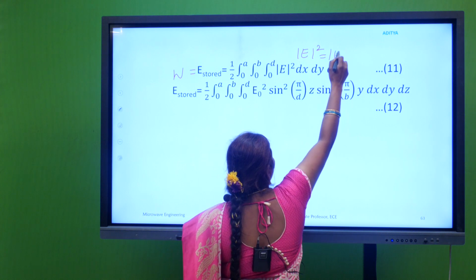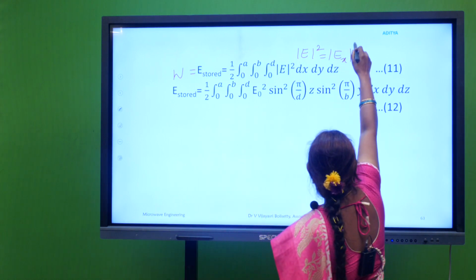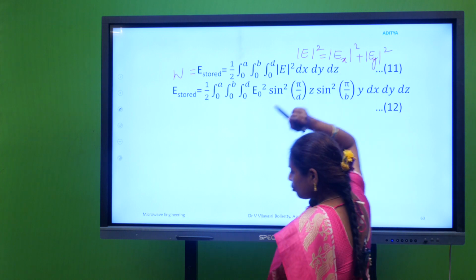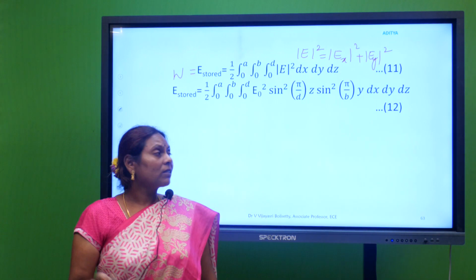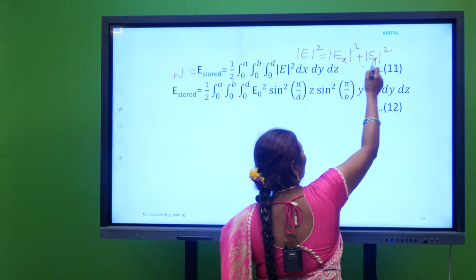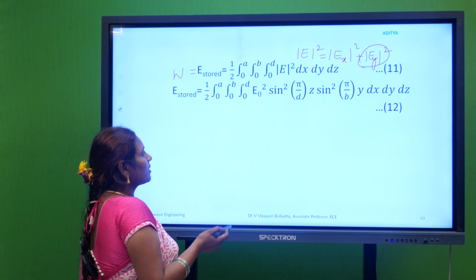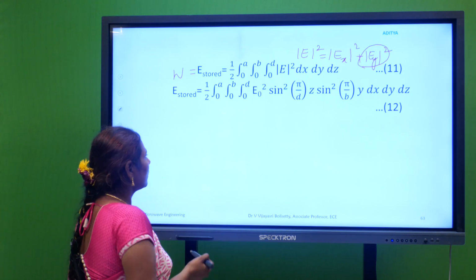The total electric field intensity is generally written as the magnitude of Ex square plus Ey square, and as the other field components vanish, we take magnitude E square equal to Ex square and substitute that here.